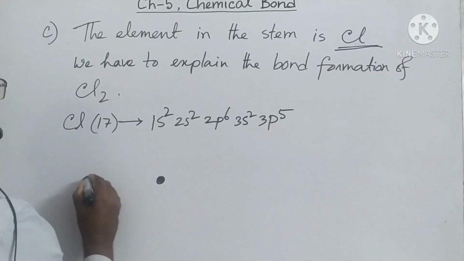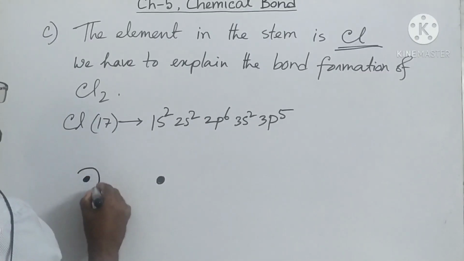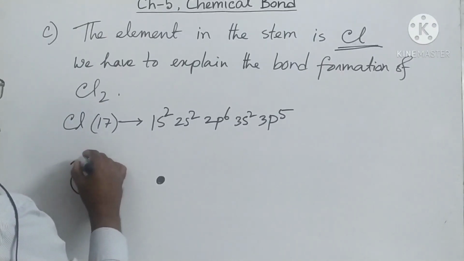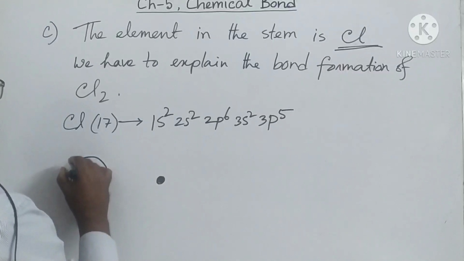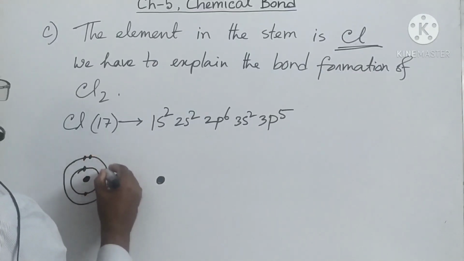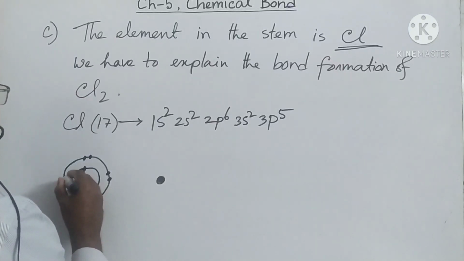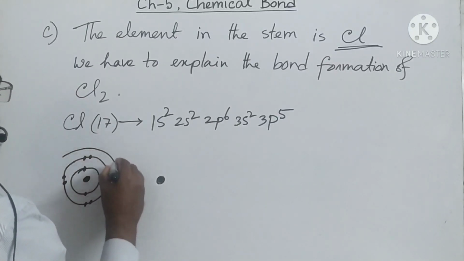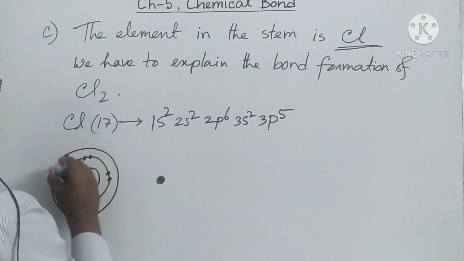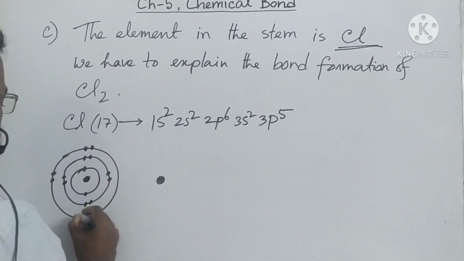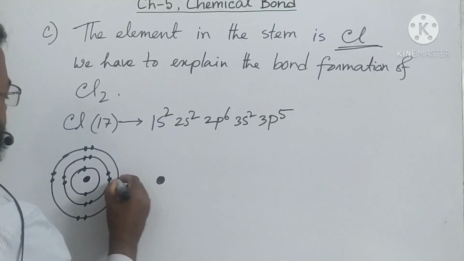So I will draw two chlorine atoms. First one, it is the nucleus of chlorine, then first energy level 2 electrons, second energy level 8 electrons, then third energy level 1, 2, 3, 4, 5, 6 and 7.